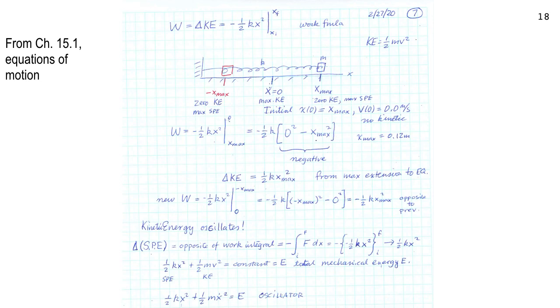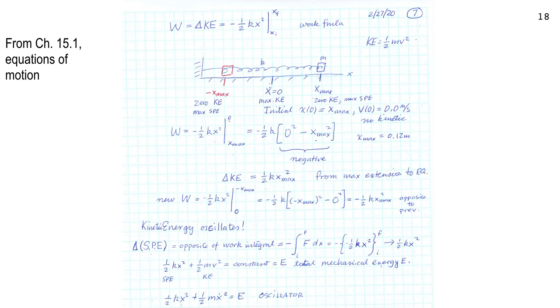All right. Now let's take a look at this. Let's go down here and do the work expression again. Minus 1/2 k x squared evaluated. Now let's put in the numbers. Starting point is x max. Final point is equilibrium 0. So let's just do the right-hand side of the motion on the way in.